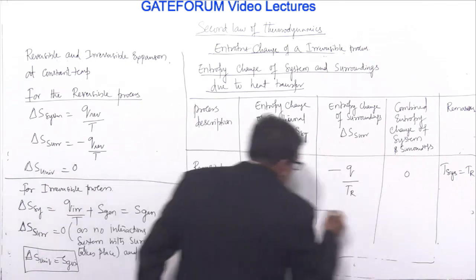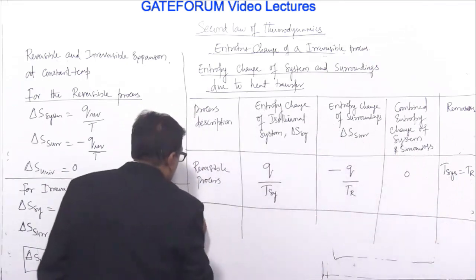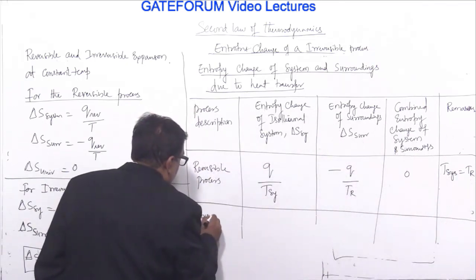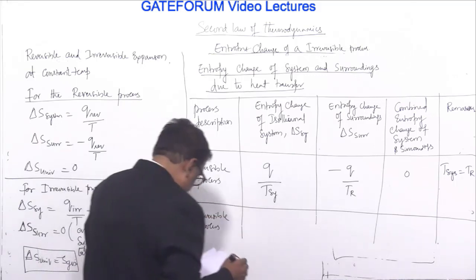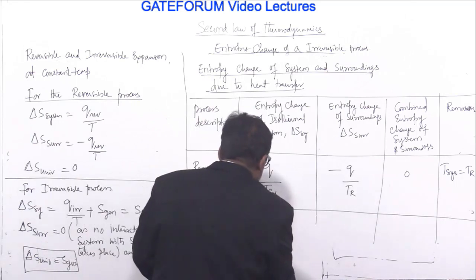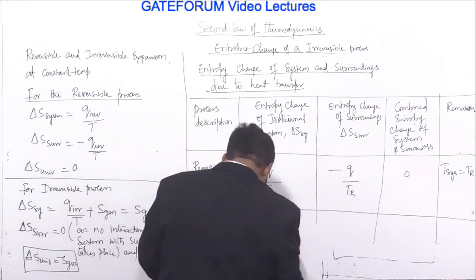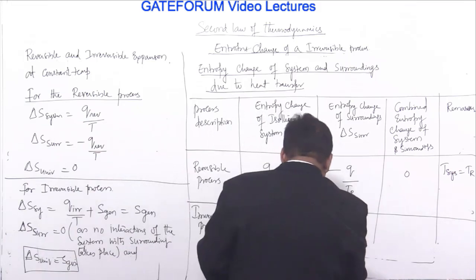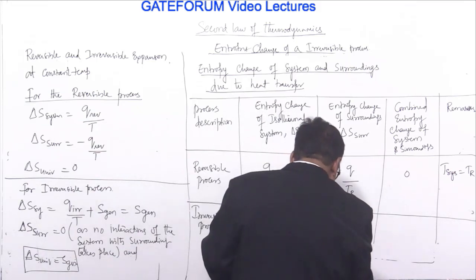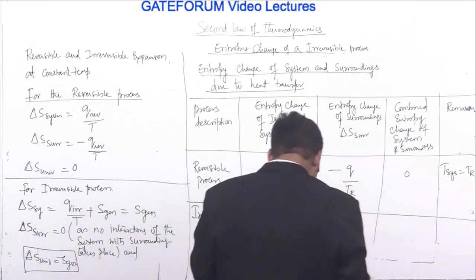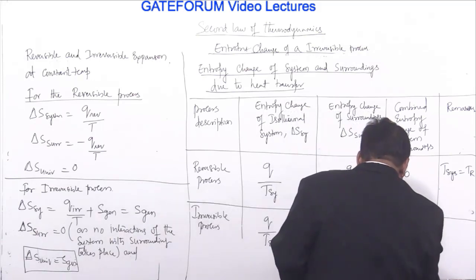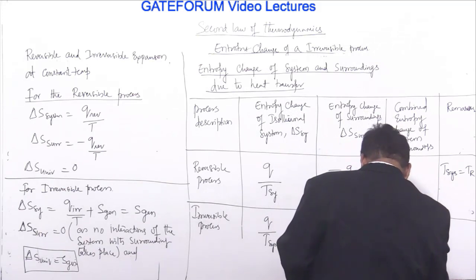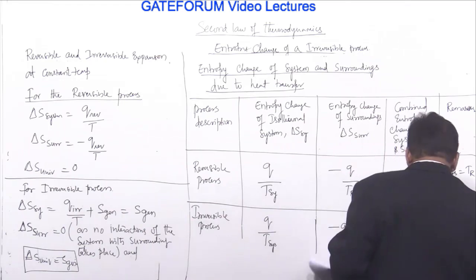Irreversible process: Q by T system minus Q by TR, that is Q into 1 by T system minus 1 by TR.